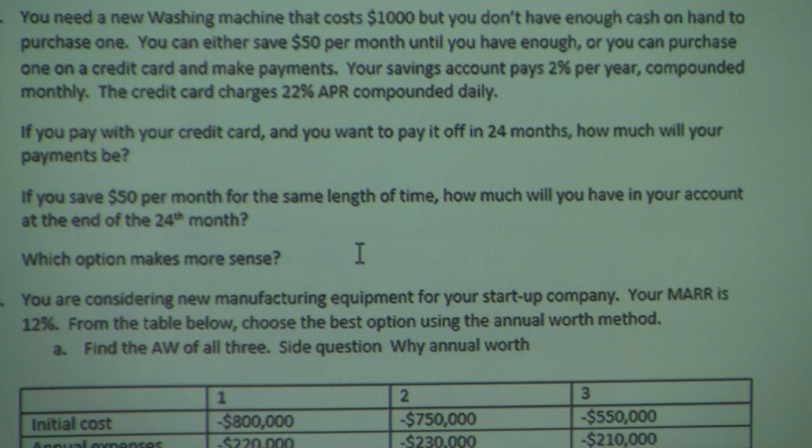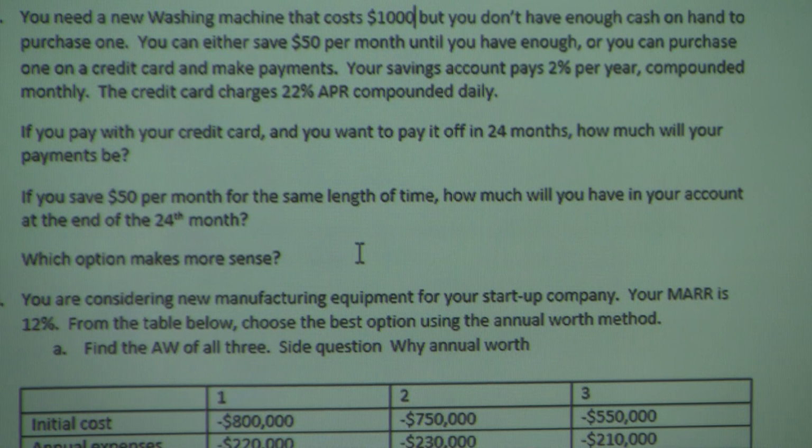Find the monthly rate. How do I do that? The nice thing about this part is I'm not having to go down to a lower compounding rate. The compounding period is the same as the period we're looking for.